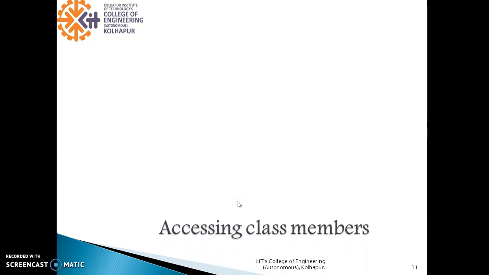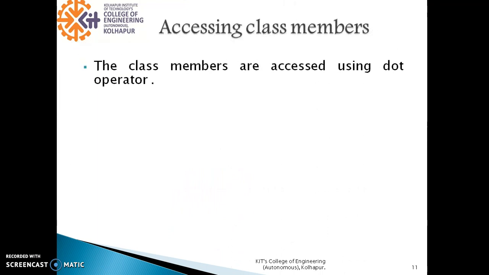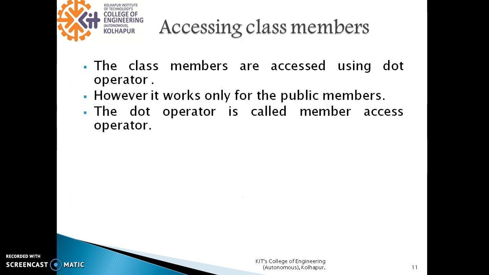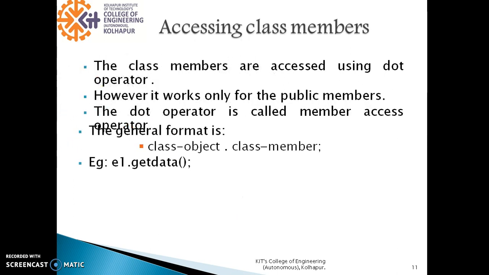Method to access the class members. The class members are accessed by using the dot operator. Only thing is that the access specifier for accessing the class member should always be public. The dot operator is also called the member access operator.